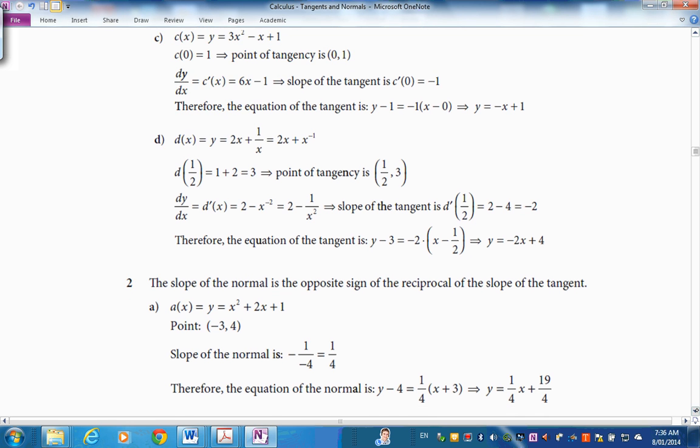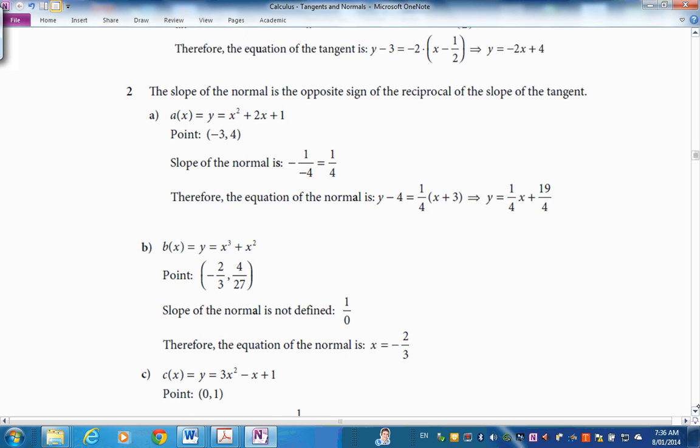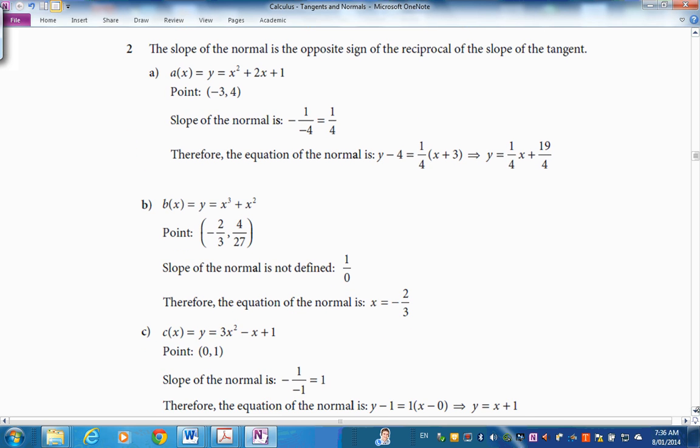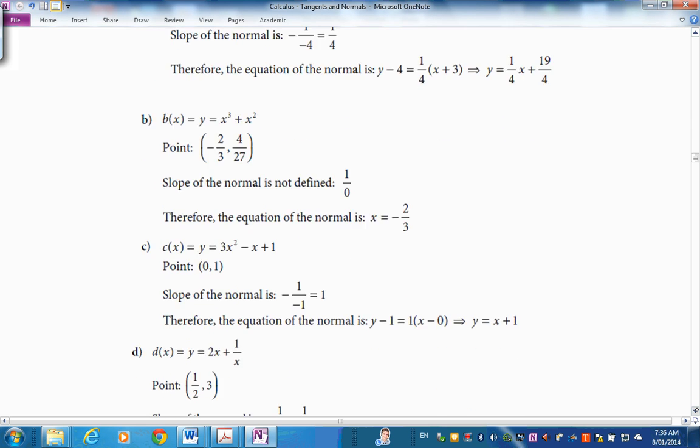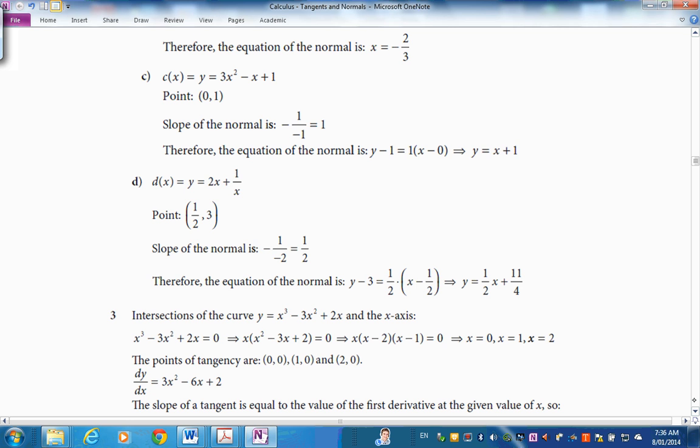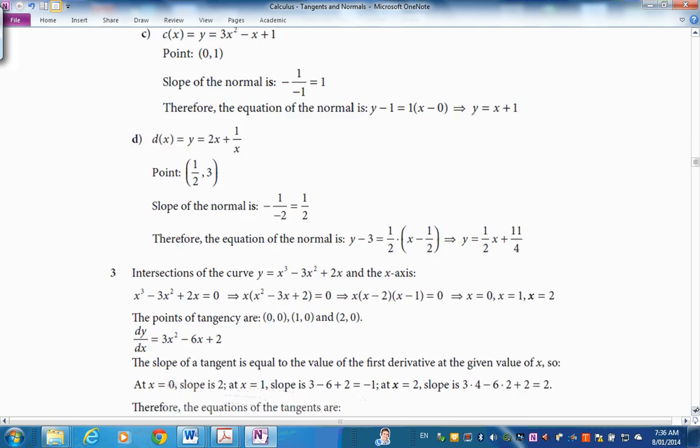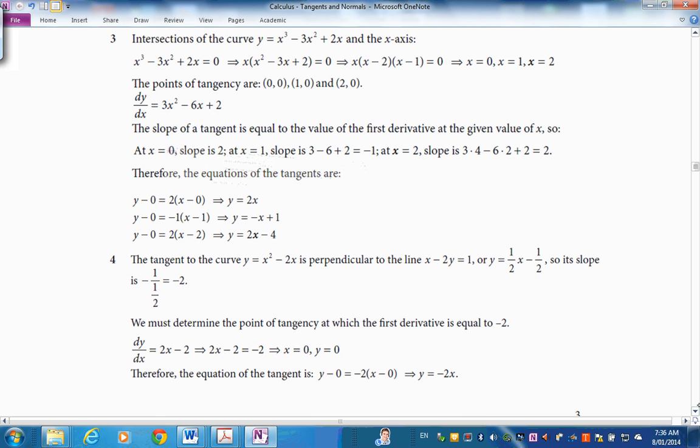And then we'll have a look at question 2. Let's see if we can get all of question 2 up there. We get most of it. And there's the rest of question 2. Go to question 3 and question 4.